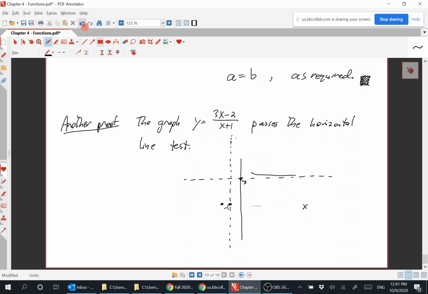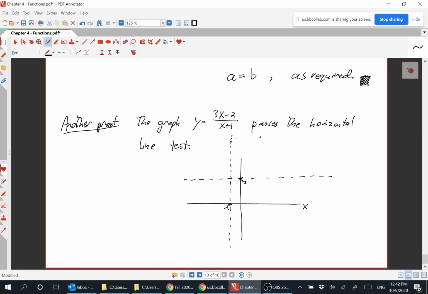This is the graph. And so for x bigger than -1, this is positive.